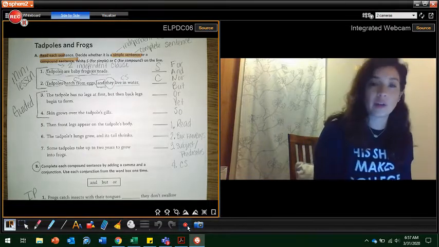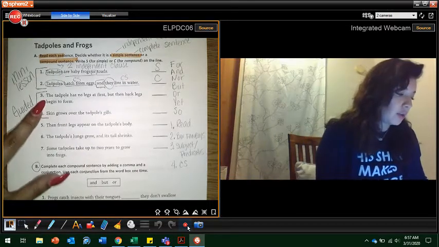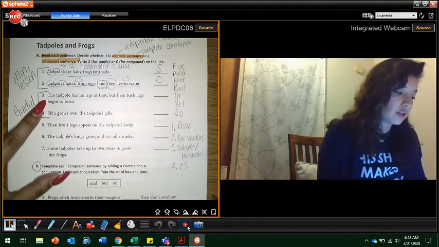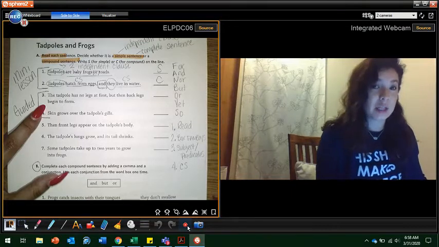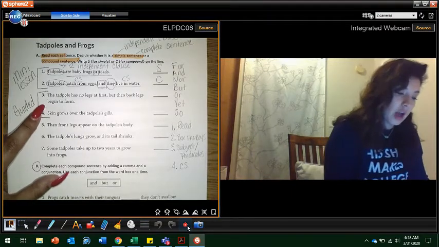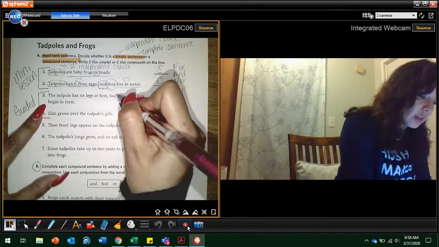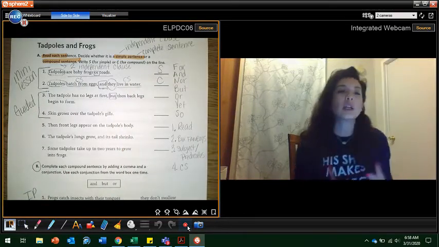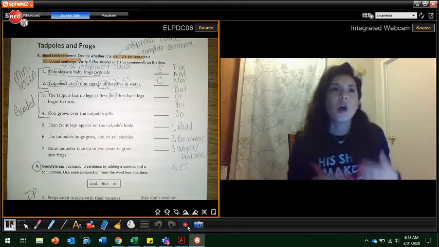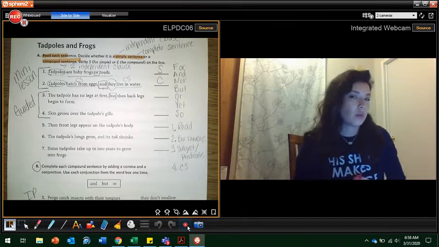So let's try 3 and 4 together. 3 says, the tadpole has no legs at first, but then back legs begin to form. So I read it. I see my fanboy. I want you to start thinking, what are the ideas in this sentence? What are they talking about?